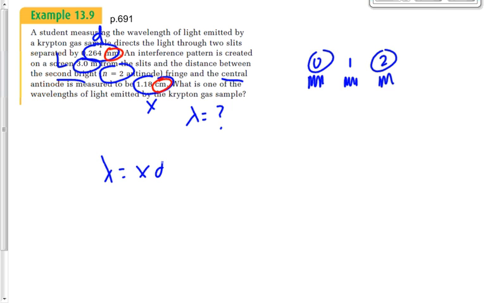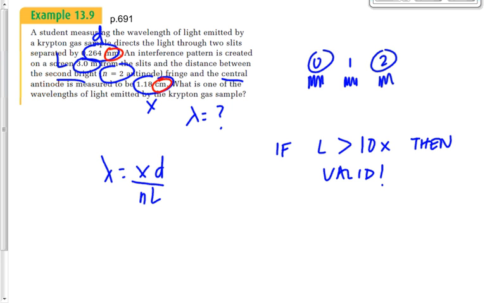Now, this equation is valid almost all of the time. This equation is valid in this situation. Here's the rule of thumb that you're going to use to determine when it is or when it isn't valid. If L is greater than 10 times X, let's take a look at L, 3 meters.